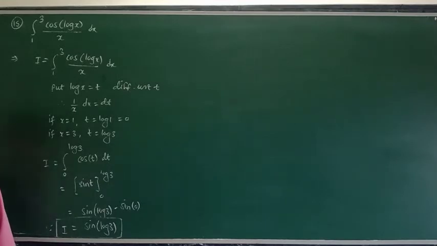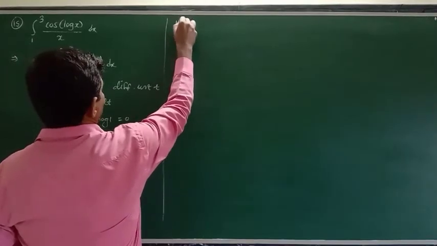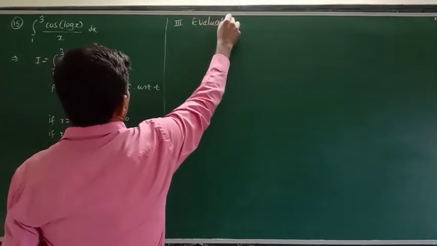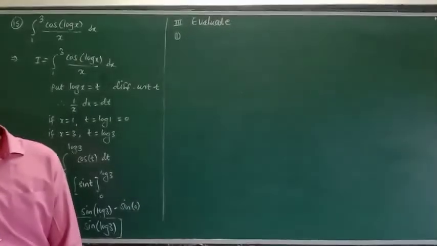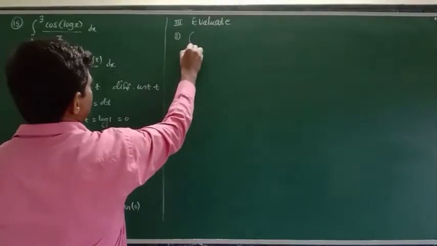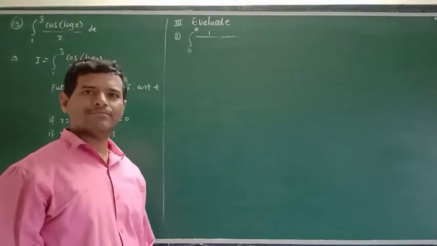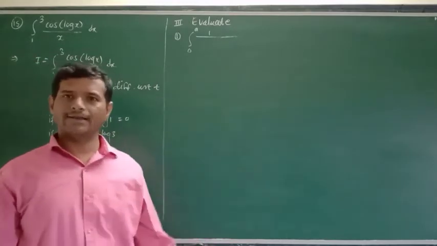Now see in the third question, the examples given are: evaluate the following integrals. These examples of question 3 are based on the properties of definite integrals that we have studied in the earlier lectures.